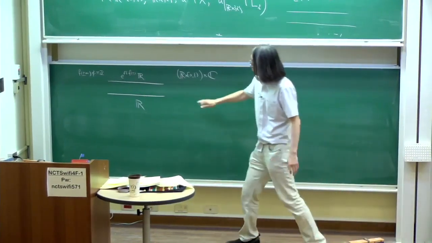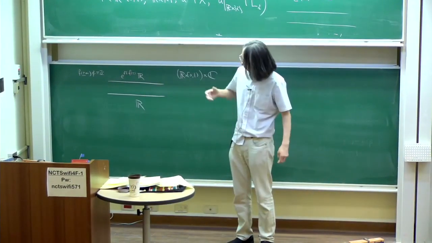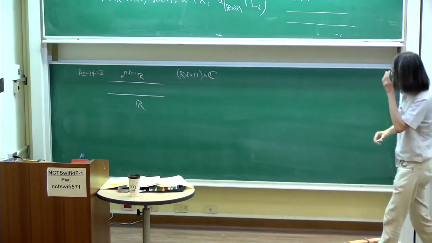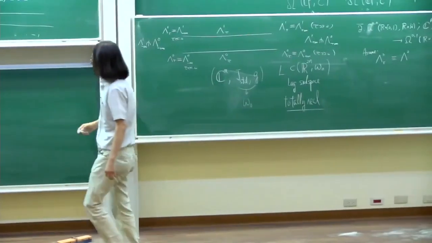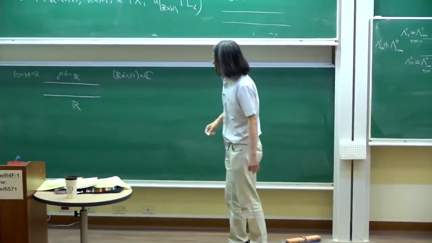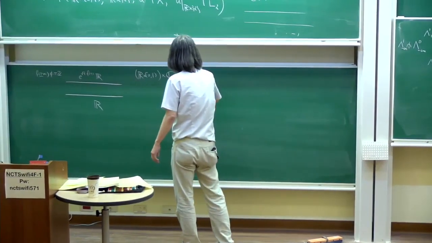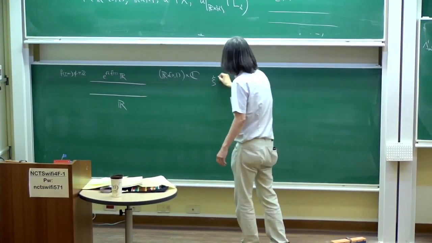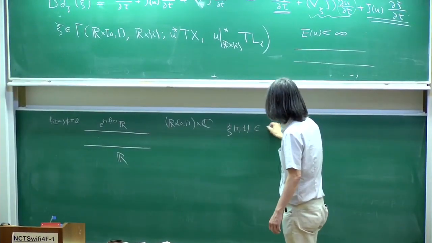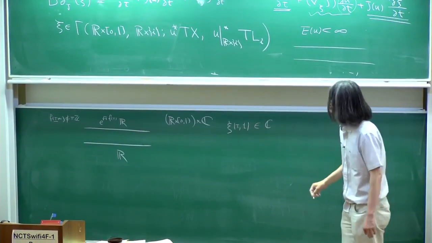But this problem, maybe you may try to compute the index directly. But I just suggest the following. So, okay, so now I consider psi tau t. So this is just in general a complex number.